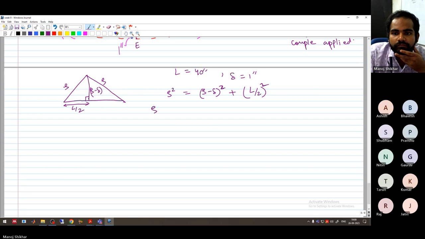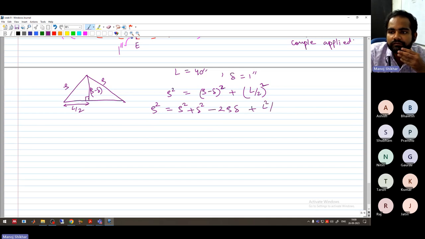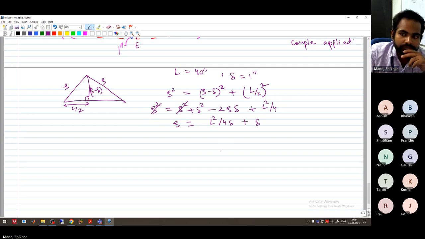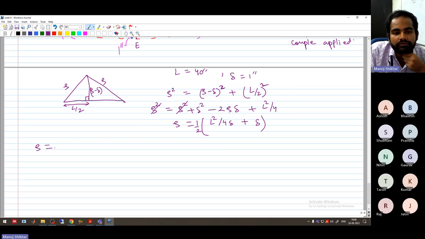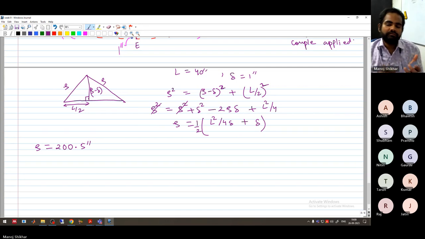So rho square equal to rho square plus delta square minus 2 rho delta plus L square upon 4. And from here we will get rho equal to L square upon 4 delta plus delta, into 1 by 2. If we substitute everything, we will get rho equal to 200.5 inches.